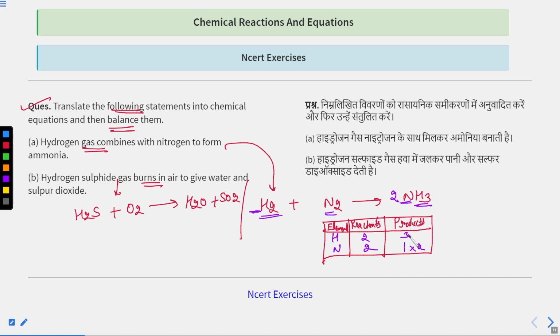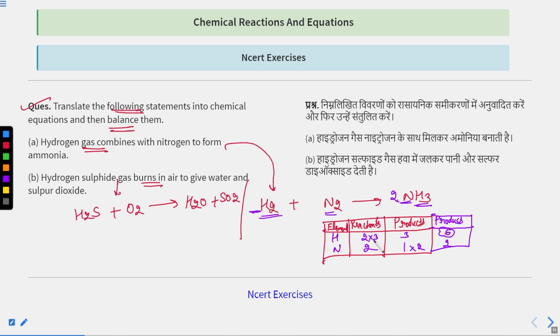Now you can make another table, or I can make another box, or I can write in the product side after balancing. You can see the number of hydrogen atoms in the product side now is 6 and the number of nitrogen atoms is 2. So nitrogen atoms in the reactant side and product side are the same, but hydrogen is 6 in the product side and in the reactant side only 2.